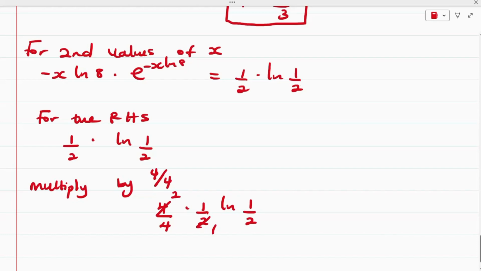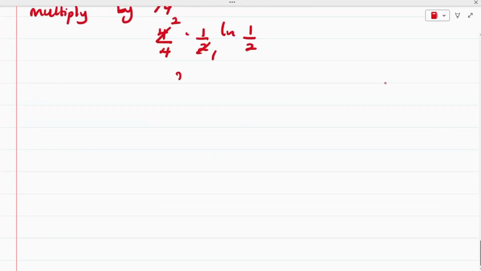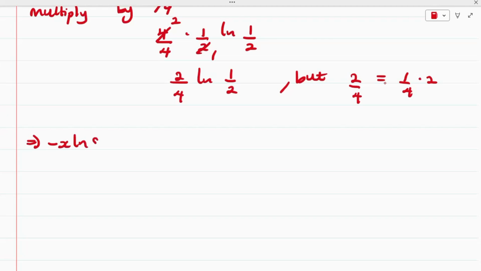So we have 2 multiply 1 is 2 over 4 ln of 1 over 2. But we can easily express 2 over 4 to be equal to 1 over 4 multiply 2. So this implies that we have minus x ln of 8 multiply e raised to the power of minus x ln of 8 is equal to 1 over 4 multiplied to ln of 1 over 2.